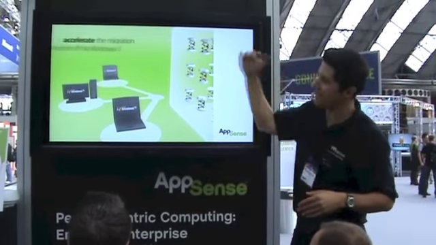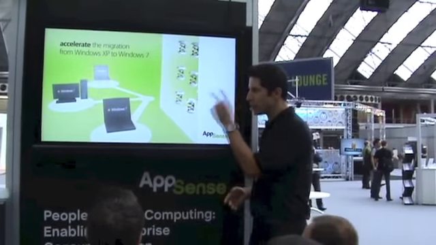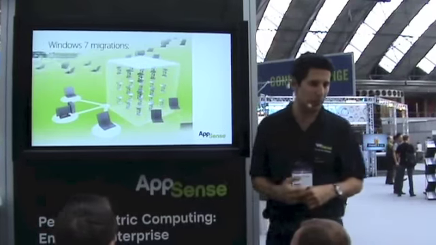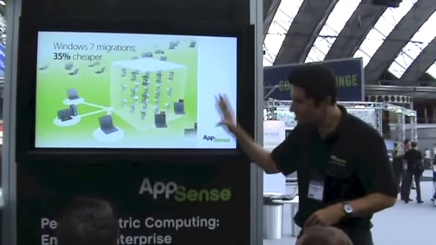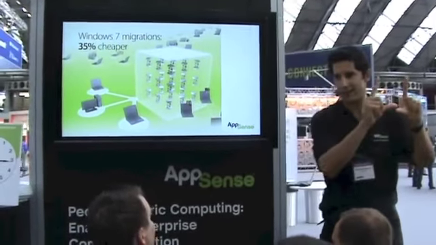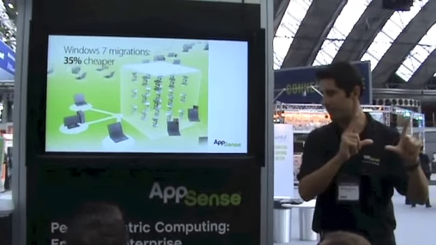And imagine accelerating the migration of XP desktops to Windows 7. With user virtualization, Windows 7 migrations are 35% cheaper. Our dynamic personalization lets you quickly deploy customized instances of a standard image, yeah? So users move to the new OS with all of their settings and preferences just the way they like them.